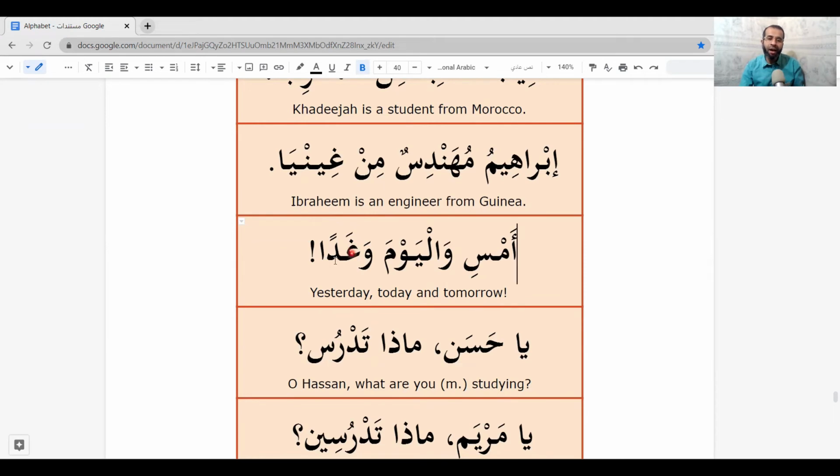Here غا, and this is دال with تنوين الفتح plus ألف. و then اليوم. When we join these two words, we say واليوم. So the alif in the beginning of اليوم will be silent here. So we say أمس واليوم وغدا.